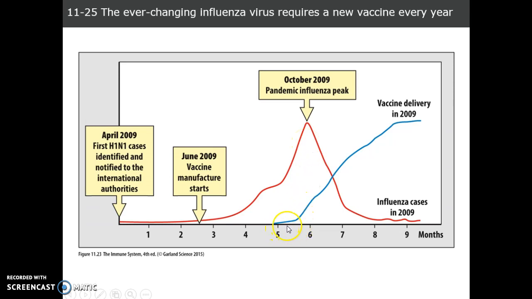Here you had vaccine delivery, where the vaccine is slowly given to some people, and then increased use where they can see it's starting to be effective. And right here you start seeing a decline in the cases as the vaccine rate goes up, and then towards the end of the year, very few cases.